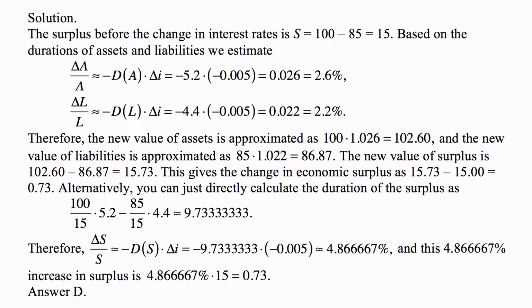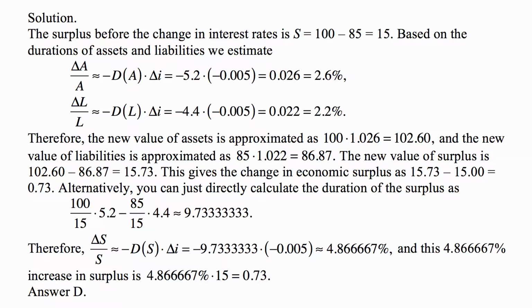So actually it's negative 85 out of the surplus. The surplus is 100 minus 85: 100 is from the assets, negative 85 from liabilities. That's where these coefficients come from, times 4.4, so that's approximately 9.733, and so on.